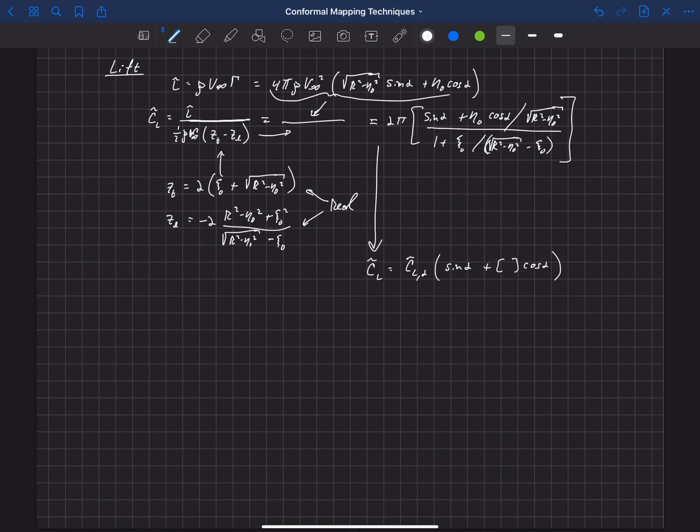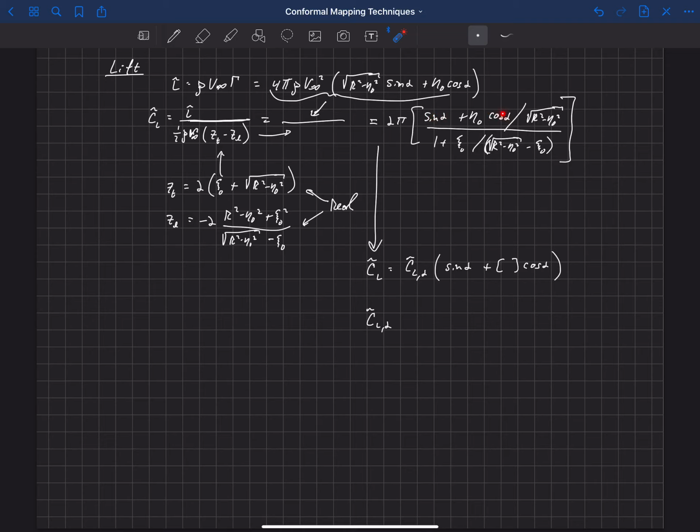If we rearrange, CL alpha tilde, the lift slope, has the 2 pi out front, and the denominator is just a constant independent of alpha.